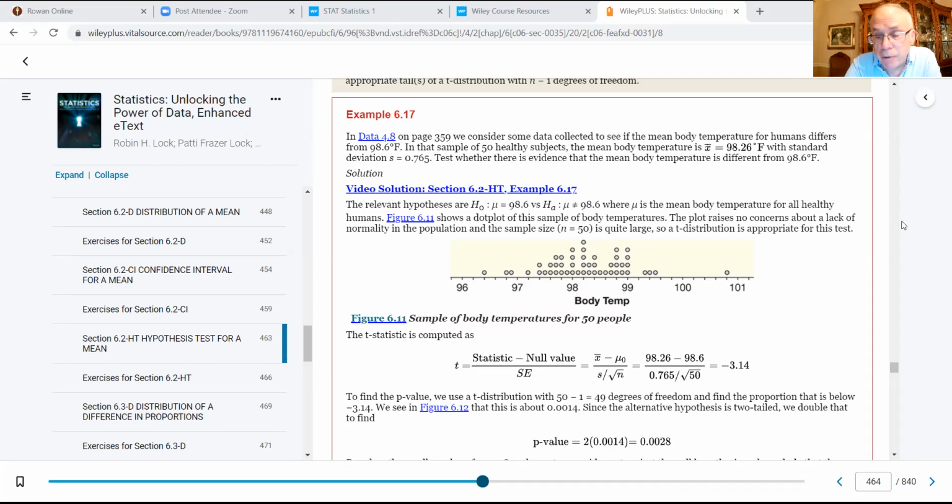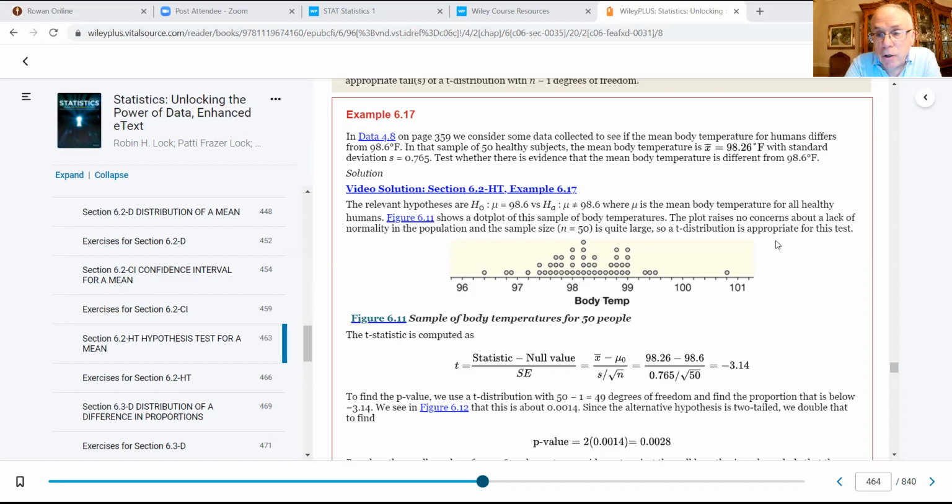We would say, since the p-value, which is equal to 0.0028, is less than the level of significance, which is 0.05, we reject the null hypothesis. That's what we say in step number 5. Now, step 6 would be the interpretation.